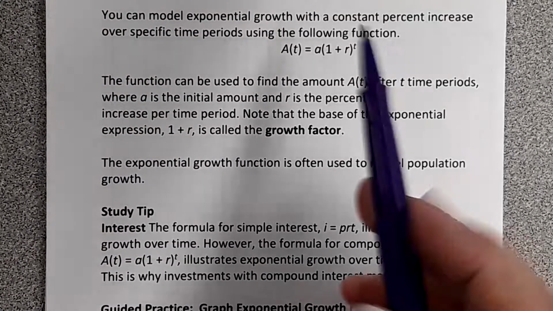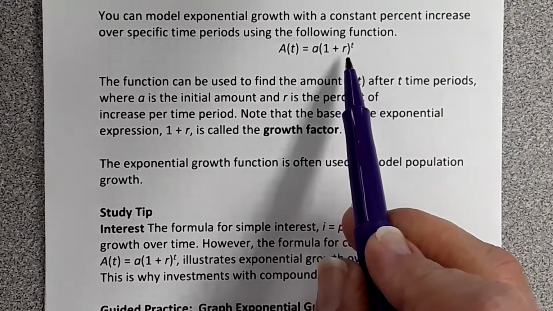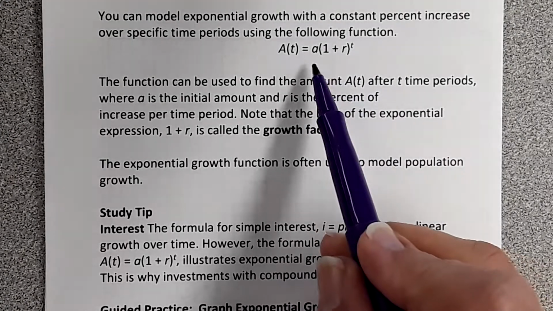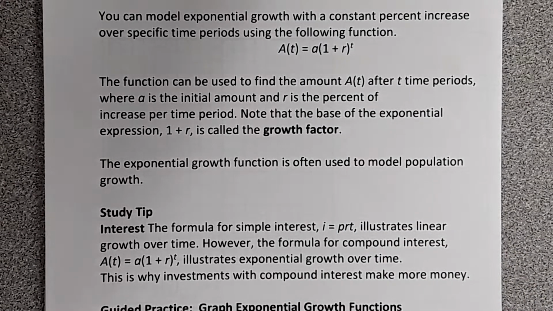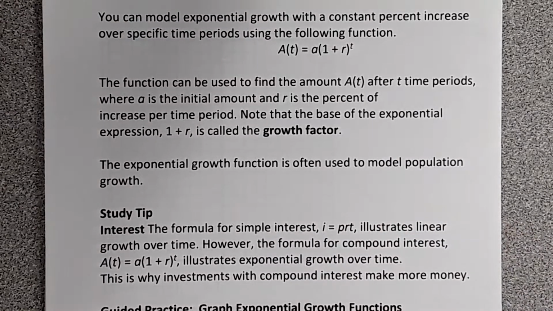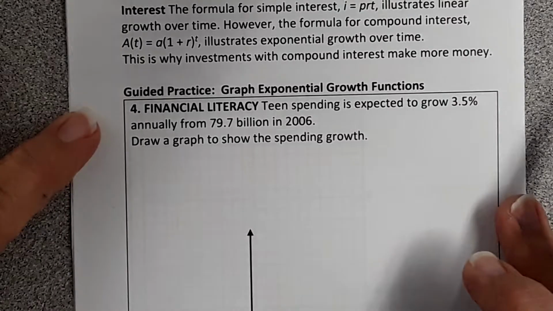This one is a growth model because 1 plus R, R being your rate, they'll give it to you. A being the initial value. So they're going to give you an initial value, a starting point, okay? And then t is the time, which would be your exponent.